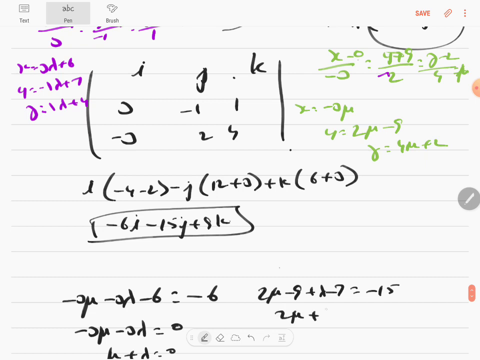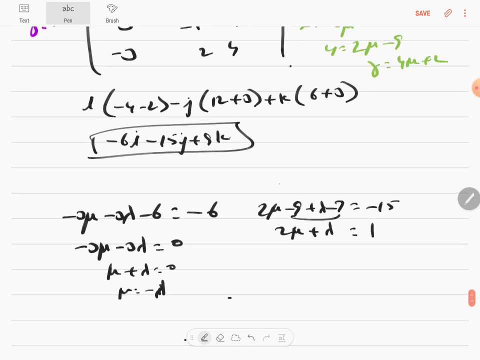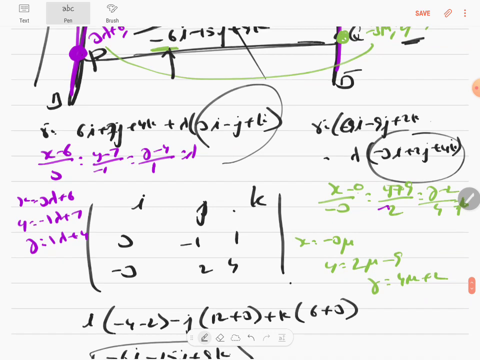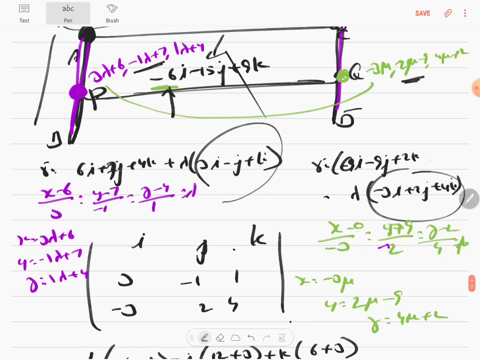So 2 mu plus lambda, minus 16, minus 30 plus 16 is equal to 1. You already know that lambda is equal to minus mu, or mu is equal to minus lambda. So it's minus 2 lambda plus lambda is equal to 1, minus lambda is equal to 1, lambda is equal to minus 1.